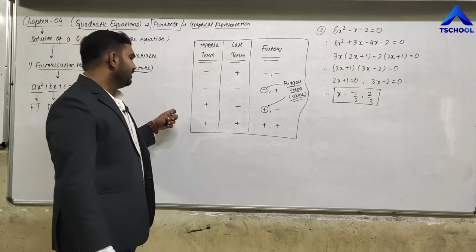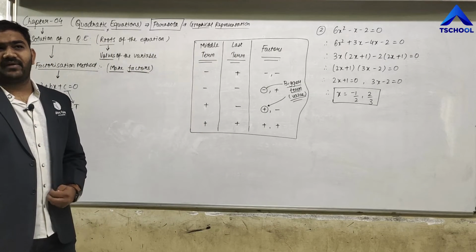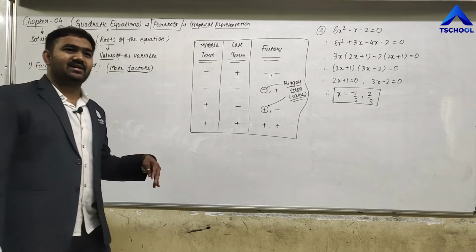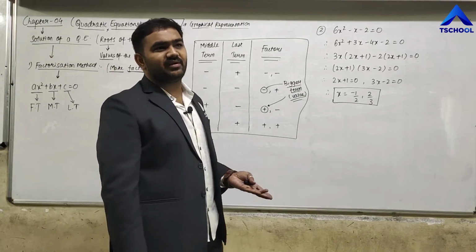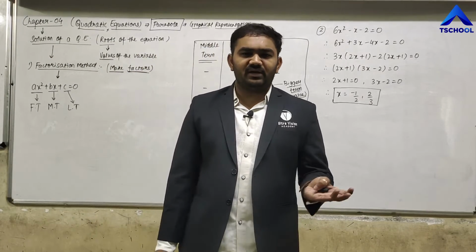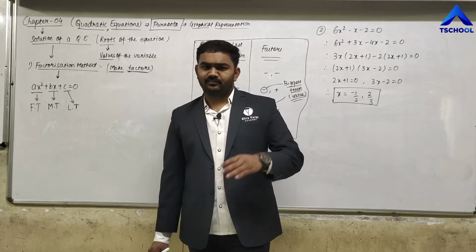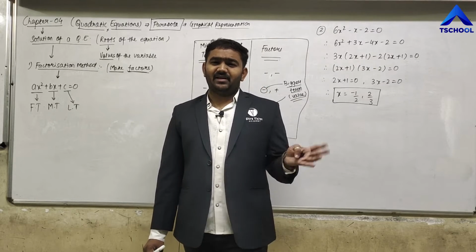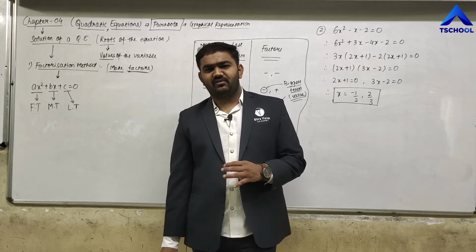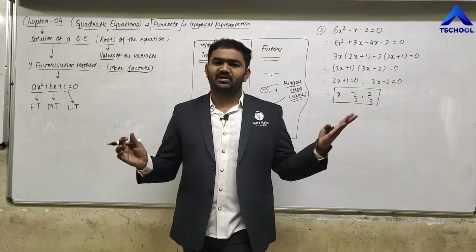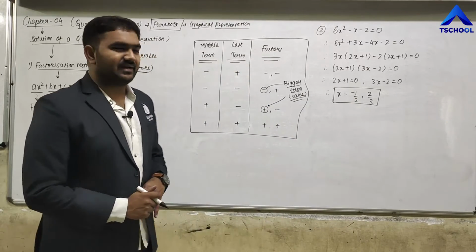Note that this is used for the factorization method only. You can also use it for the other two methods, but there you might not get direct factors, though you can understand that one will be negative, the other positive, and so on.